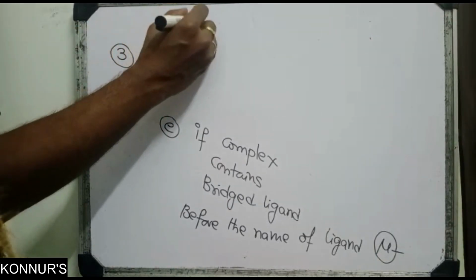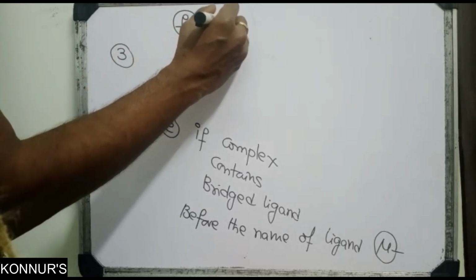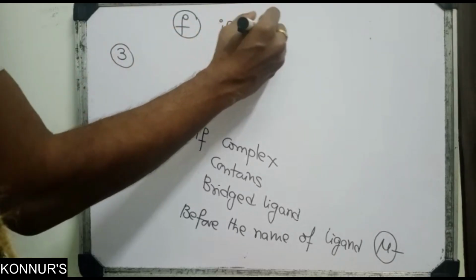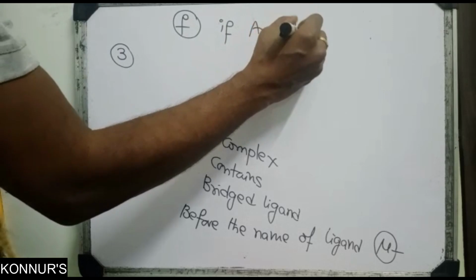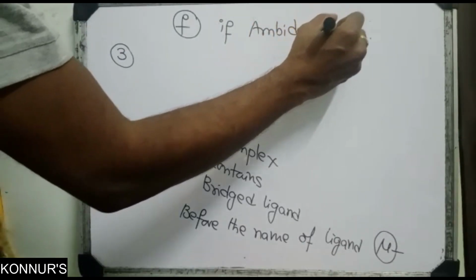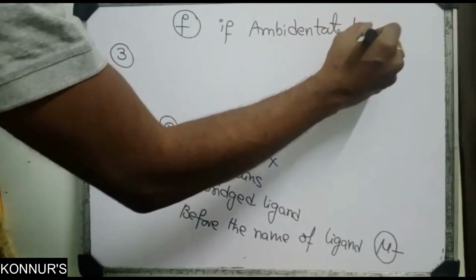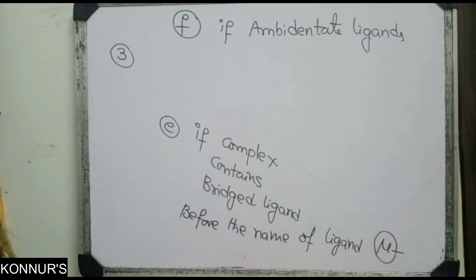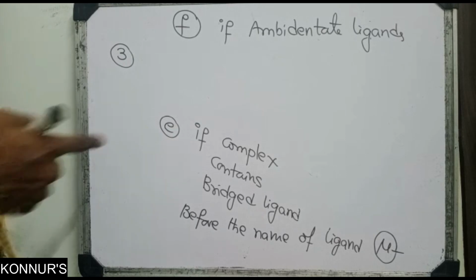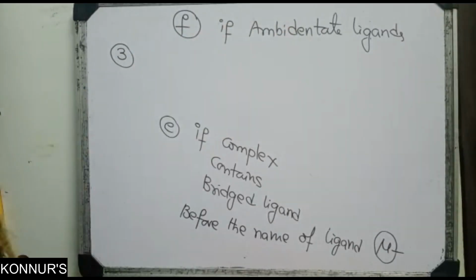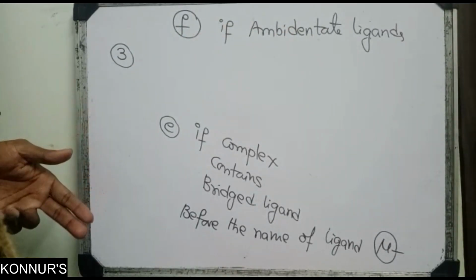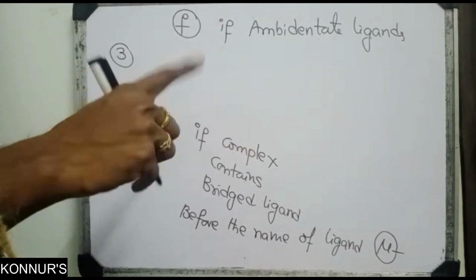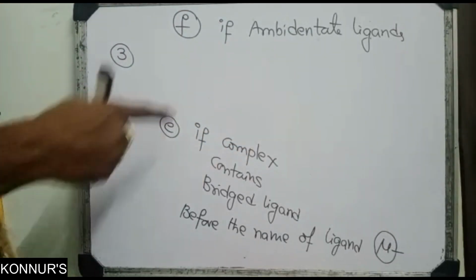If the given complex contains ambidentate ligands, what does that mean? The ligand has more than one donor atom, but only one of the atoms donates the pair of electrons.